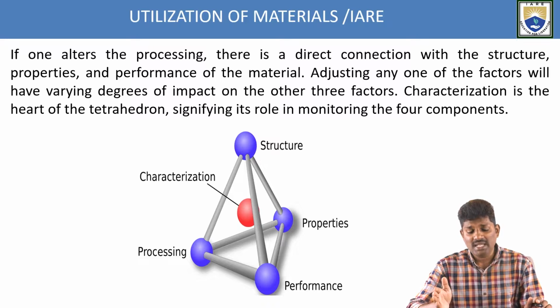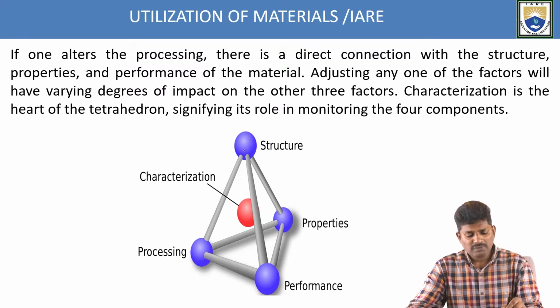So adjusting any one factor will have a varying degree of impact on the other three factors. If there is a variation in any one of the four factors, there is a huge variation in the others. So there is an impact on the other components of the material. Characterization is the heart of the tetrahedron, signifying its role in monitoring the four components.